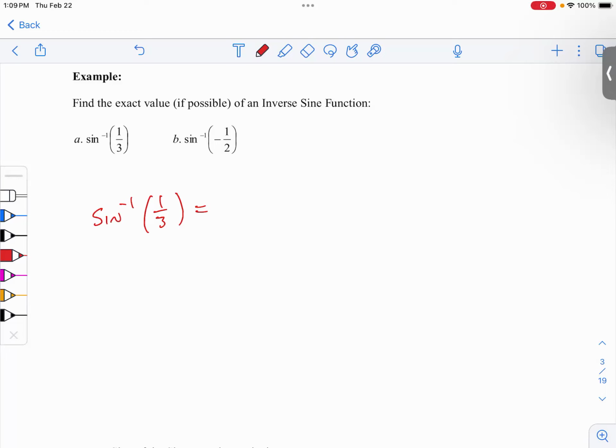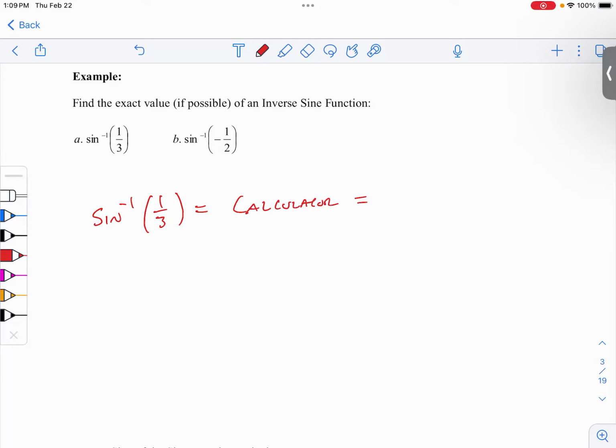Does anything on your unit circle have 1/3? There's only 3 big numbers to remember: 1/2, √2/2, and what's the other one? √3/2. Is 1/3 any of those? Nope, which means calculator.